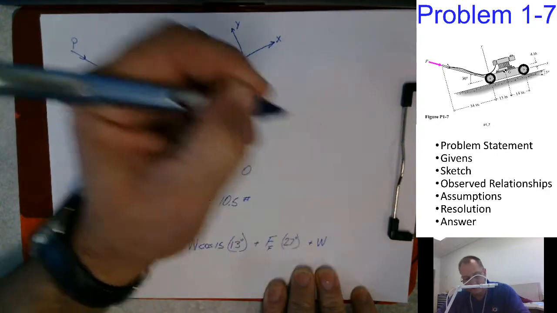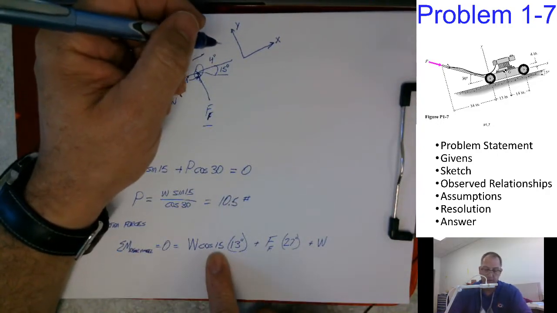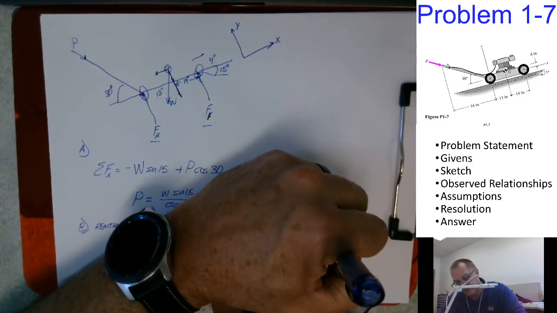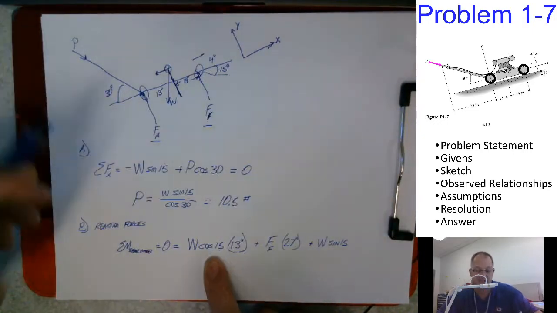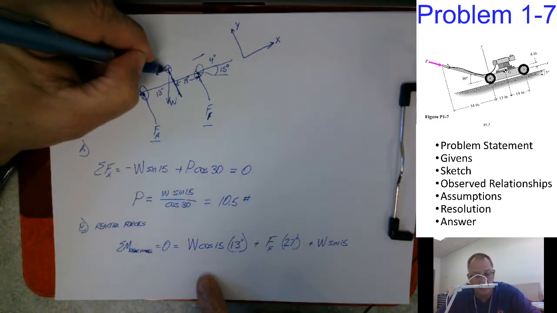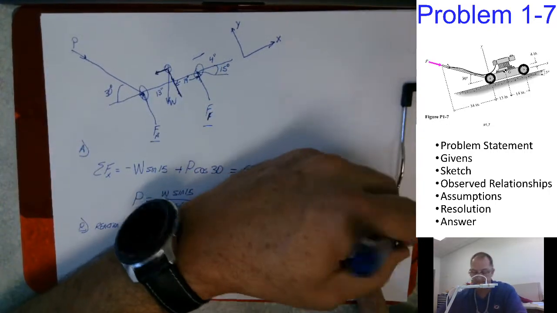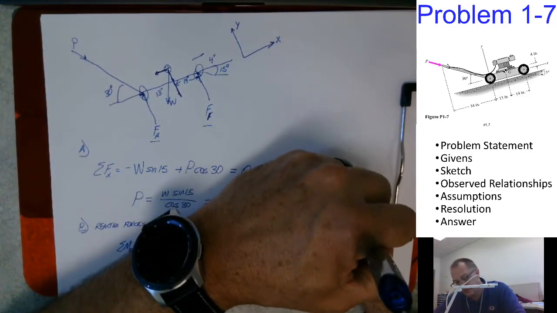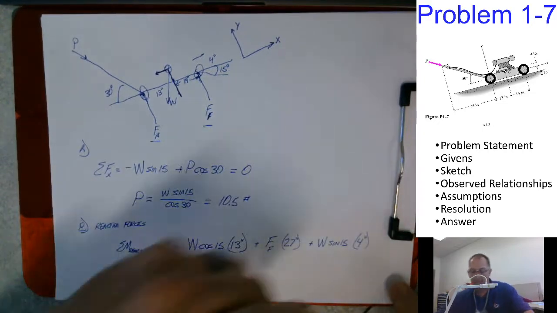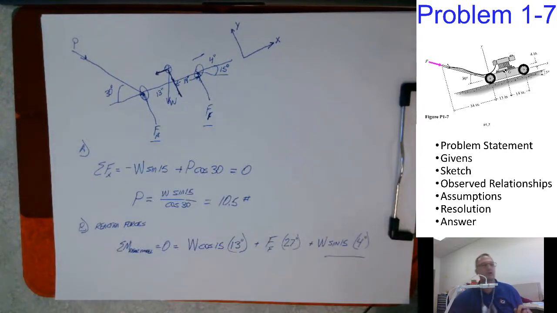This is plus W, and then it's sine of 15, because that's this part of it. And then that distance is now 4 inches. Without that, you really struggle because you're a little bit off, but you're not a ton off.